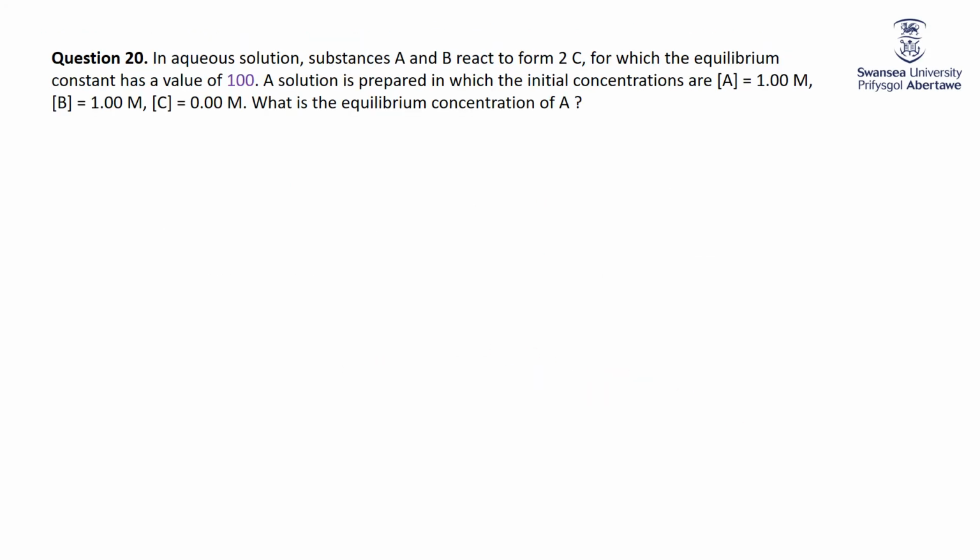In aqueous solution, A and B react to form 2C, so let's write that out with pretty colours. K is equal to 100, so we know K is going to be C squared over A and B, all of these of course at equilibrium.